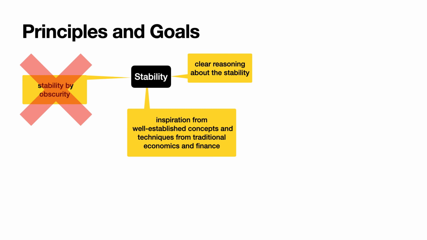When thinking about the stabilization techniques, we took our inspiration from well-established concepts and techniques from traditional economics and finance. So we tried to avoid reinventing the wheel, and maybe accidentally creating squares and triangles instead of wheels that don't really work, that are not really stable. So we try to use as much as possible techniques that already exist and that are already proven in traditional economics and finance.